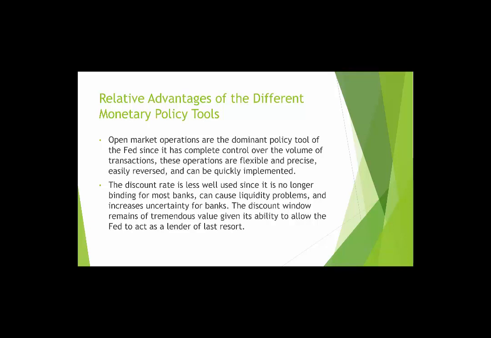The discount rate is less well used since it's no longer binding for most banks, and it can cause liquidity problems and increases uncertainty for banks. The reason why, and this has been the realization of the Fed in recent years, is that when banks borrow from the discount window, other people know about it.